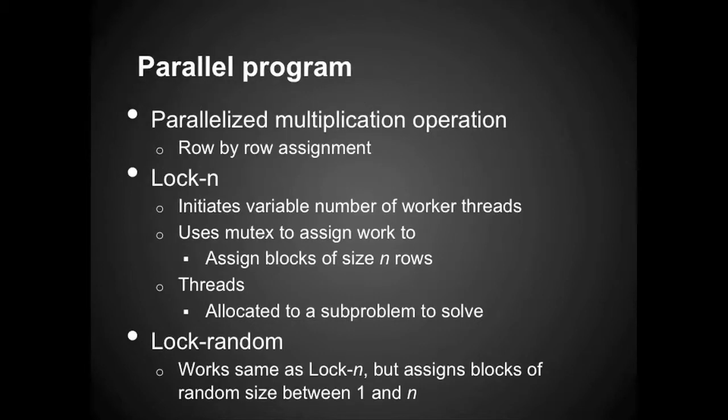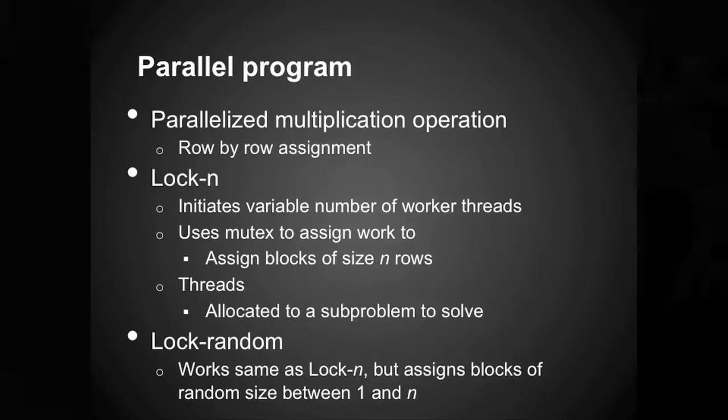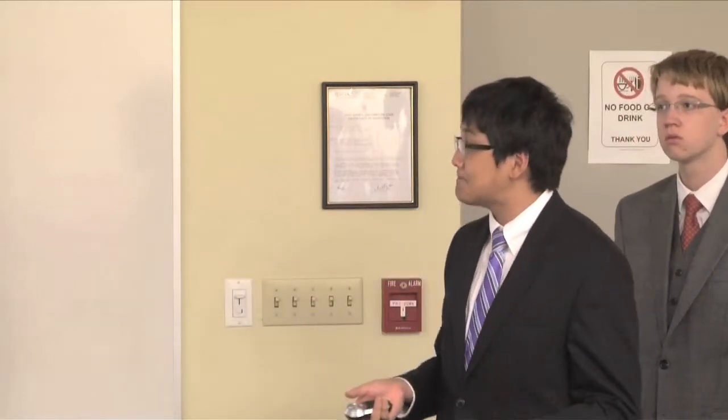Following that, we decided to test the program in parallel. So then what we did was we assigned rows to individual threads, and then we computed them that way. And following that, we did the block n procedure, which instead of assigning a single row to a single thread, we assigned multiple blocks of rows to threads.